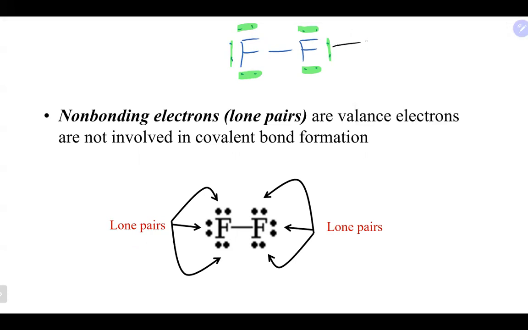So these are what are referred to as lone pairs. They are most likely referred to nowadays as non-bonding electrons. Most books use that instead, non-bonding electrons. So if I say lone pairs or somebody says lone pairs, it's the same thing as non-bonding electrons. Those words are sort of used interchangeably.